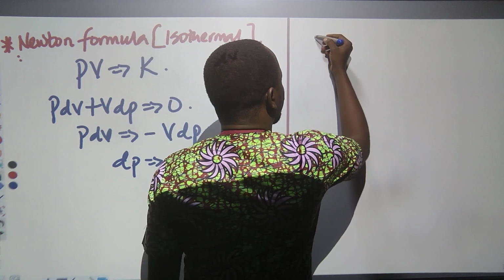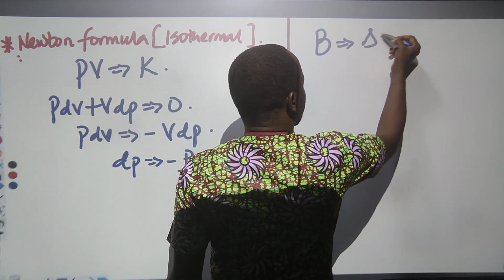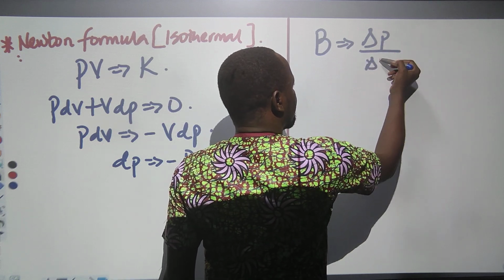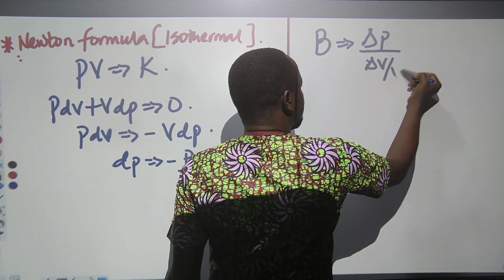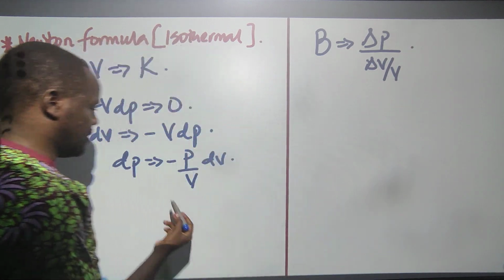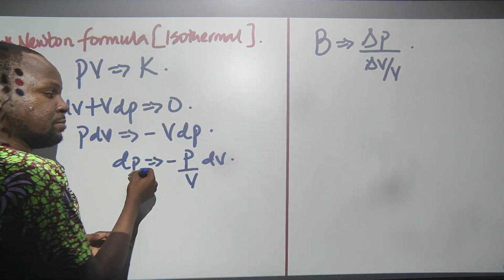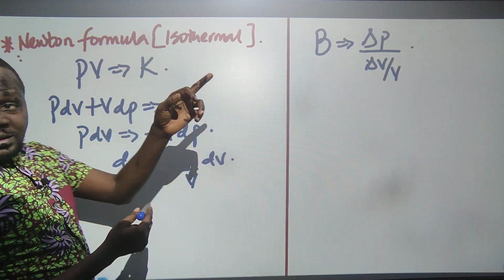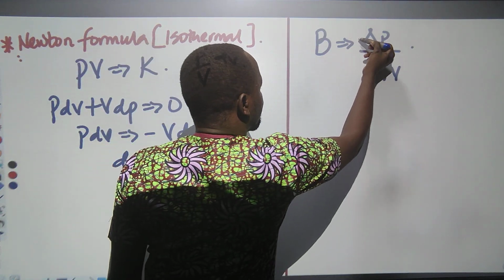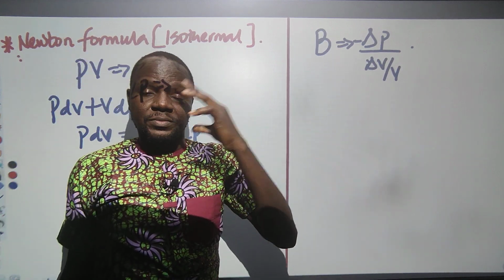Bulk modulus is defined as the change in pressure, delta P, over the volume change, delta V over V. This is the formula we use for bulk modulus. Delta P is simply dP. It's the same thing. The formula always has a negative sign. We've done that under the topic of elasticity.